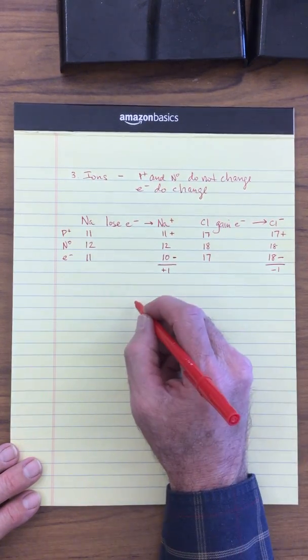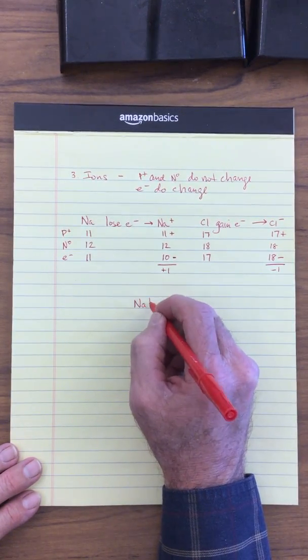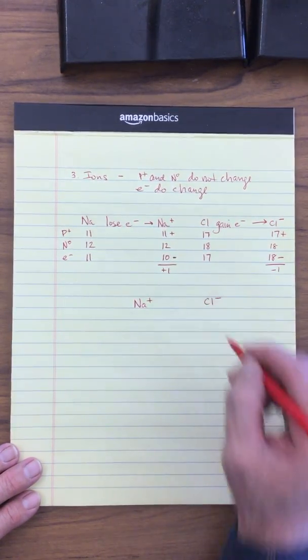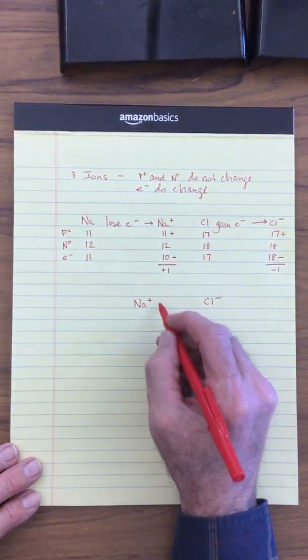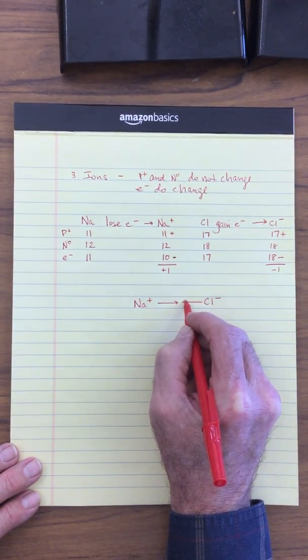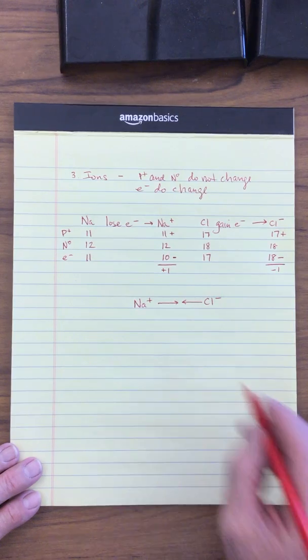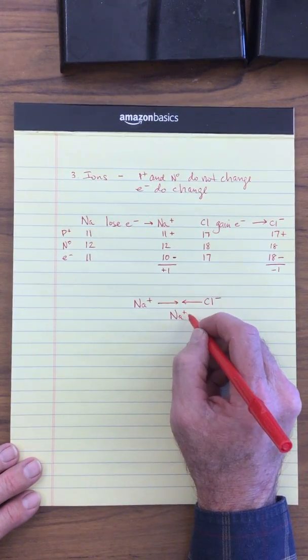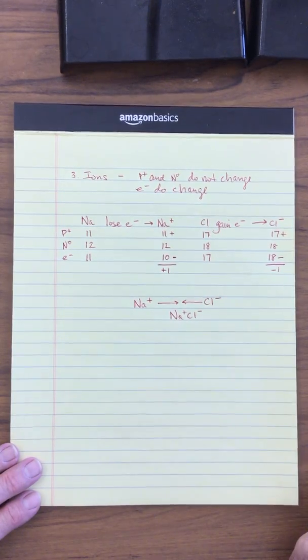And what happens is now sodium has the positive charge, chlorine has a negative charge, and they are now going to be like magnets. They're going to be electrically attracted toward each other, and they will create Na plus and Cl minus, or NaCl.